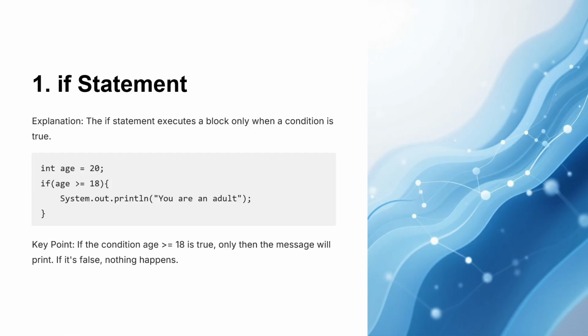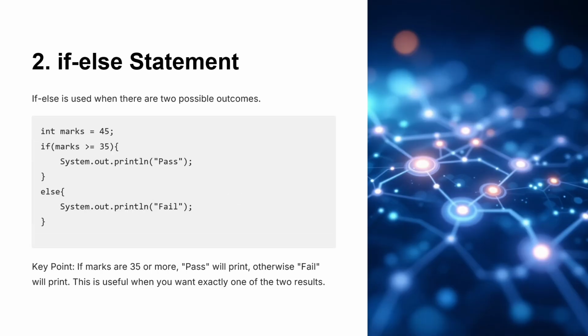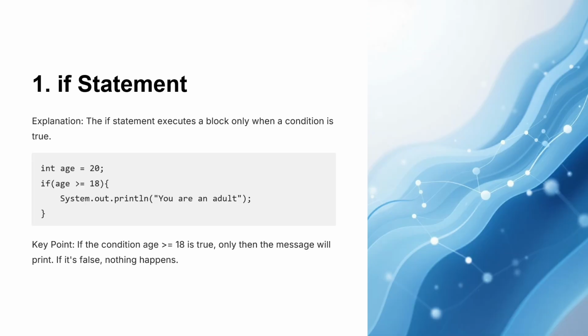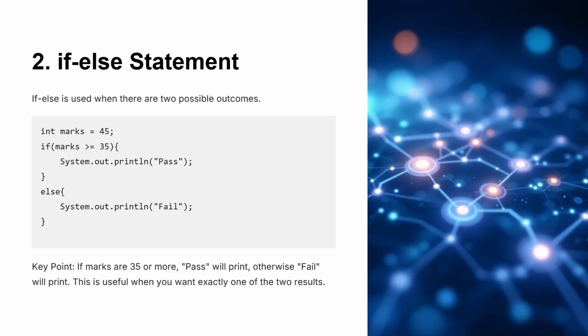Sometimes life has two clear outcomes, like pass or fail. So the next type of conditional statement is the if else statement. The if else statement is used when there are two possible outcomes. When we are clear that two outcomes will come, then only we use the if else statement, like pass or fail.